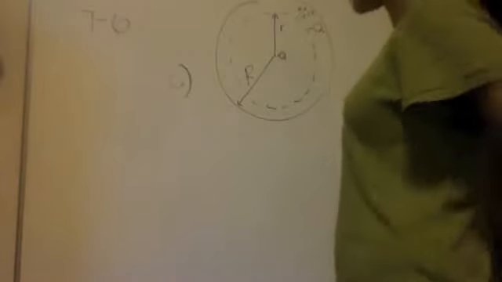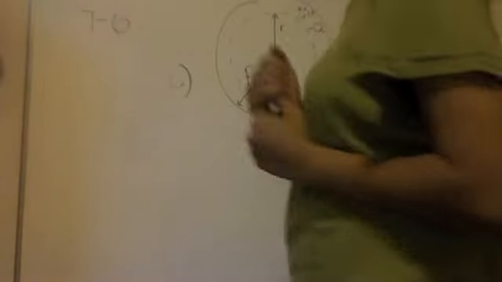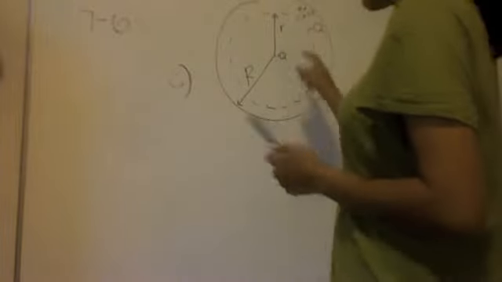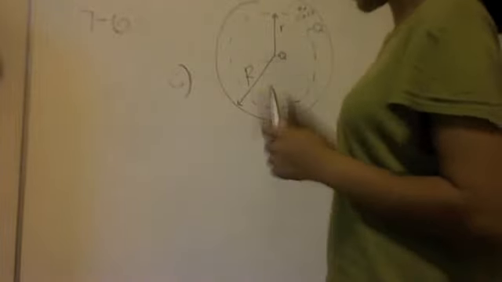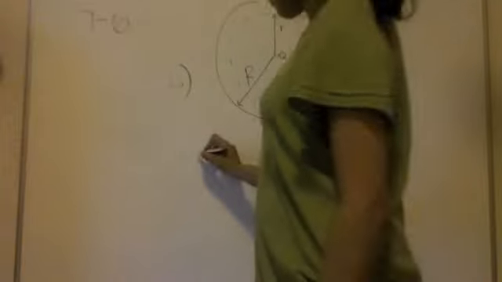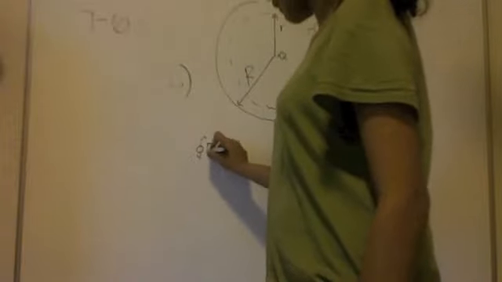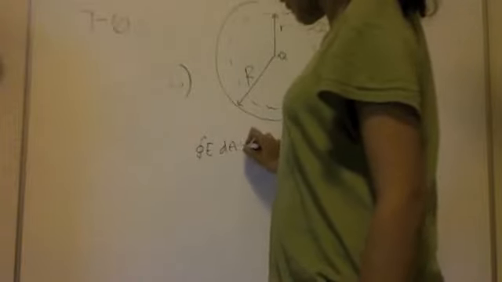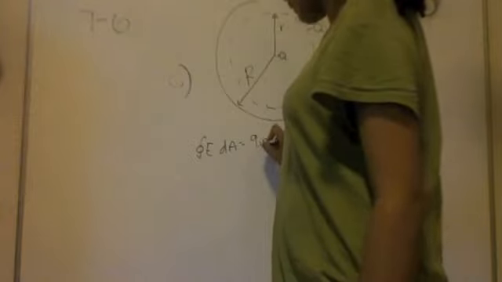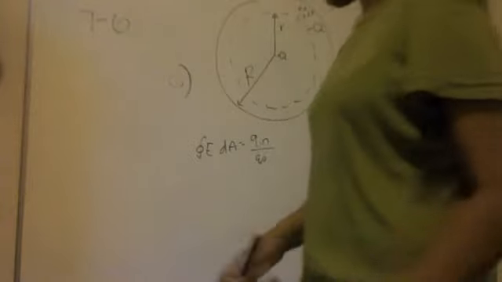For this problem, we're going to use Gauss's law again, because it asks us to find the electric field inside the sphere at a distance little r less than big R. So we're going to do the integral of E dot dA equal to Q enclosed over epsilon naught.